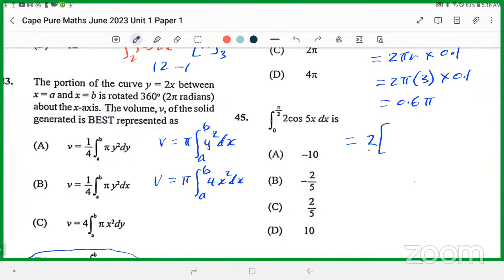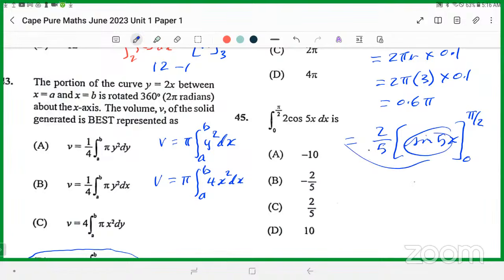So I'm going to put a 5 out here. Take out the 2. Take this 5 and divide it out here. And then inside here, I'm getting the sine of 5x between pi by 2 and 0. That's what I'm working out.